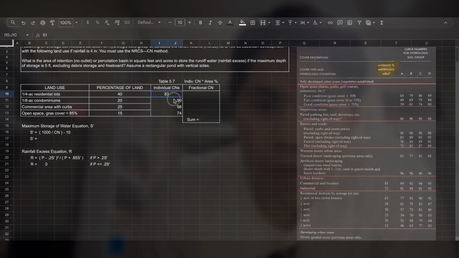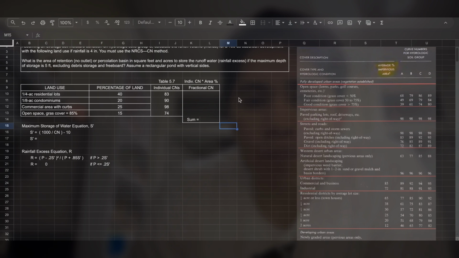To find the curve numbers, remember these two pieces of information: what land uses there are in my watershed, and the soil group of my watershed. One of the limitations of this approach is that usually in a watershed we might have more than just one soil group. So maybe this number doesn't completely represent our watershed, but this is the best we can do with this approach.